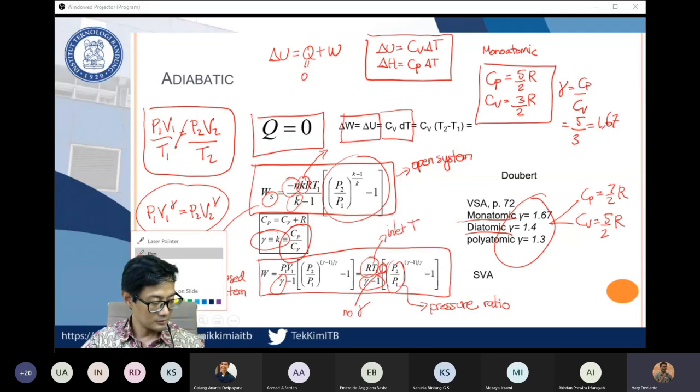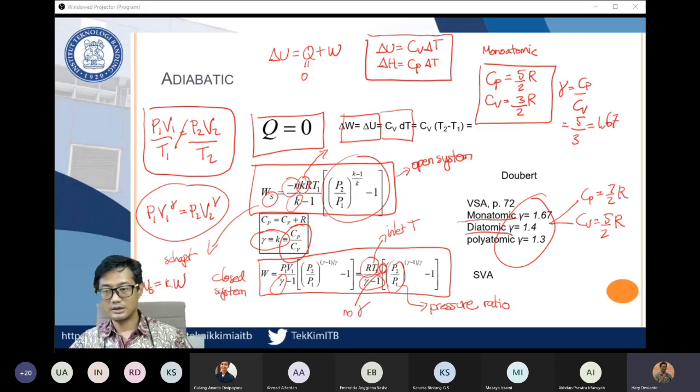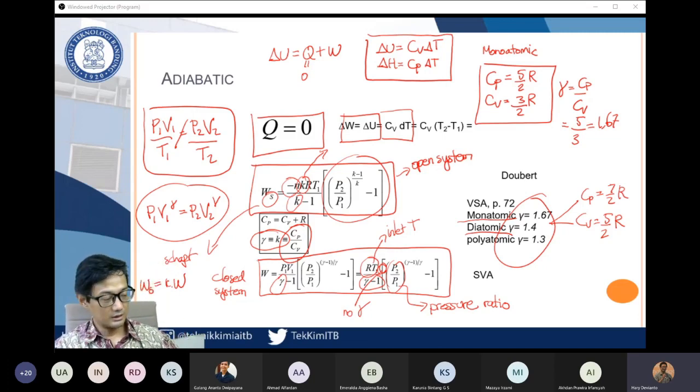I will change to K instead of gamma. Okay, so this is what is normally used as an engineering prediction at the beginning, whether they want to use a closed system or an open system. The device itself will be a different one. Similar compressor, but different principle.